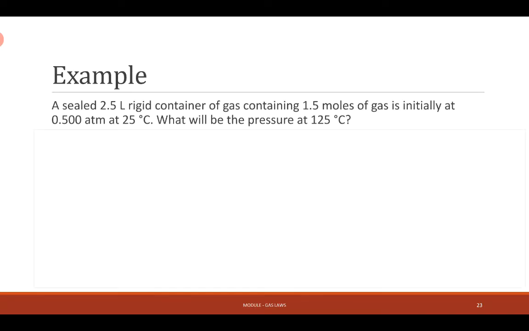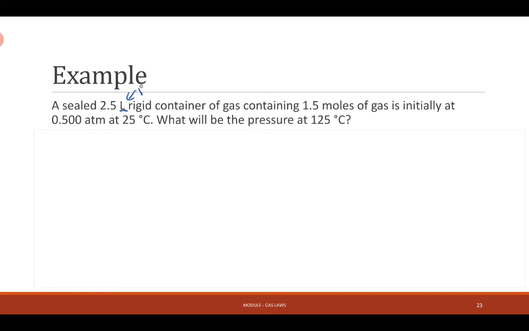Here's an example problem applying Gay-Lussac's law. It reads: a sealed 2.5 liter container containing 1.5 moles of gas is initially at 0.500 atmospheres at 25 degrees Celsius. What will be the pressure at 125 degrees Celsius? So we can look at the units here.